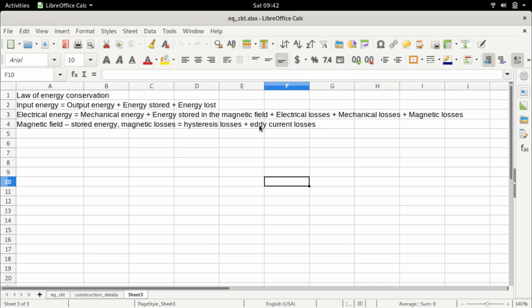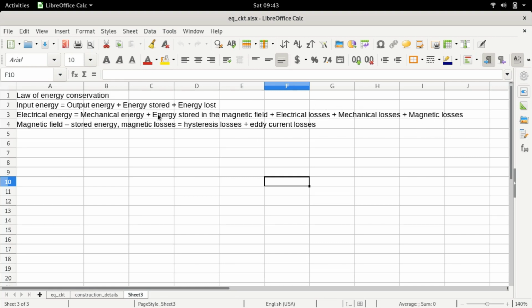But these are the main forms of magnetic losses. So this equation now seems to account for every major component of energy which is involved in this induction motor. What is input, what is output, and what other forms of energy are being absorbed by the motor, either in the magnetic field or as losses, mechanical losses, or magnetic losses, right?